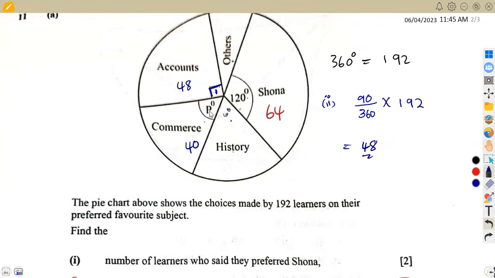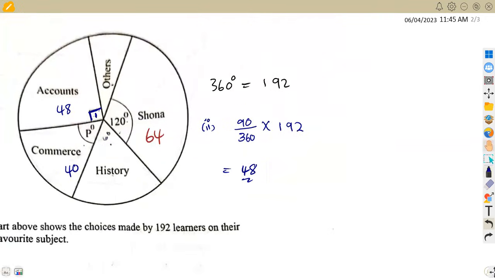So here we are given 40 learners. So what is the angle P? So using this concept, from the same idea, all right, so this is going to be B. We say the 360 degrees corresponds to 192. What about 40 learners for commerce? What is going to be the corresponding angle for these 40 learners?